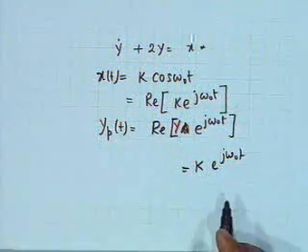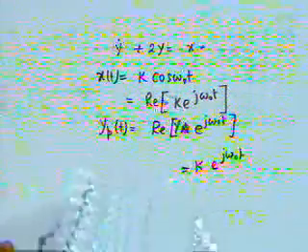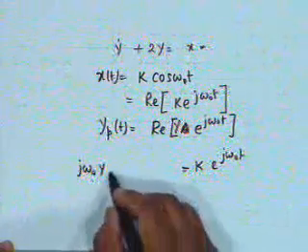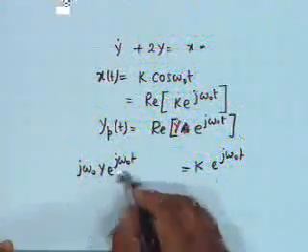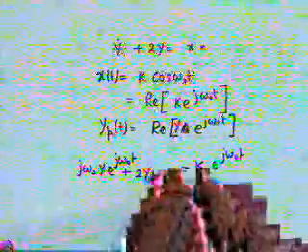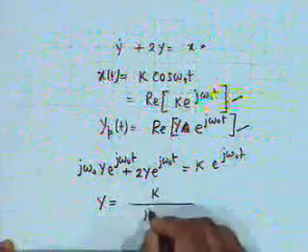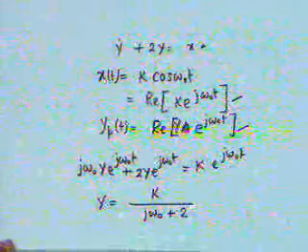Alright. So, what we get is, if I differentiate, then I get j omega naught capital Y e to the j omega naught t plus twice capital Y e to the j omega naught t. If I substitute this in this equation, it gives me capital Y equal to k divided by j omega naught plus 2. Alright, you have done this in Principles of Electrical Engineering, but I am doing this again not only to review but also to bring out some other concepts.